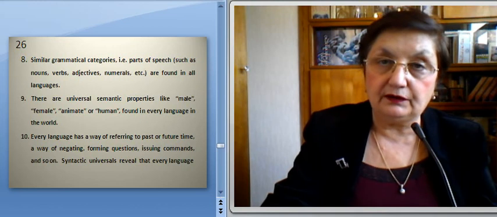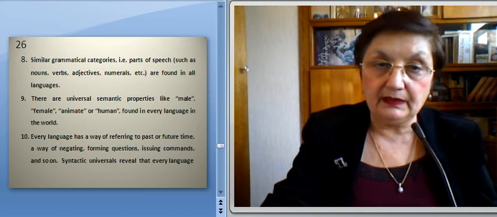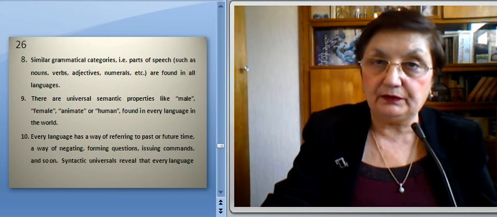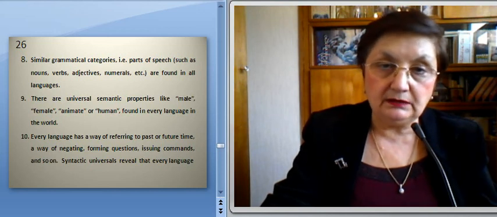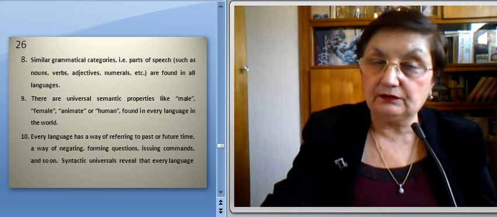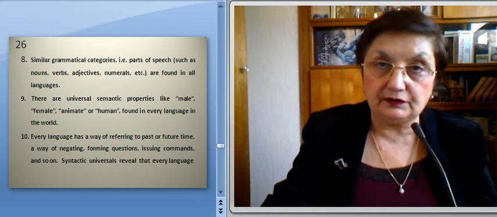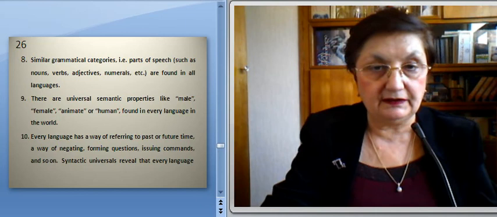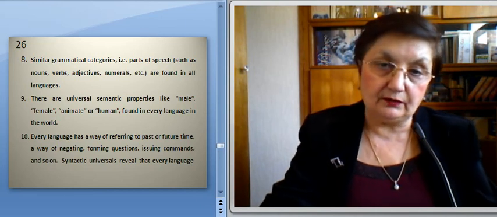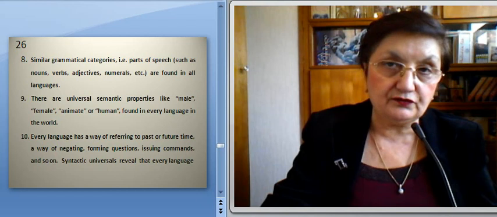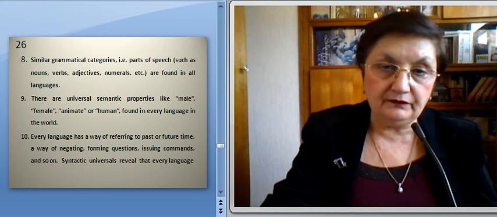Number 10. Every language has a way of referring to past or future time, a way of negating, forming questions, issuing commands, and so on. Syntactic universals reveal that every language has a way of forming different structural types of sentences.